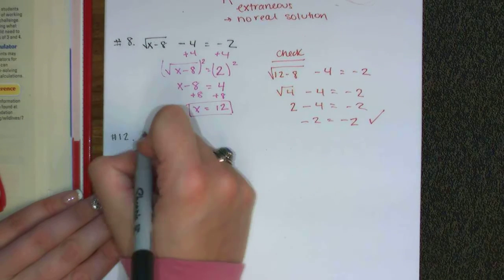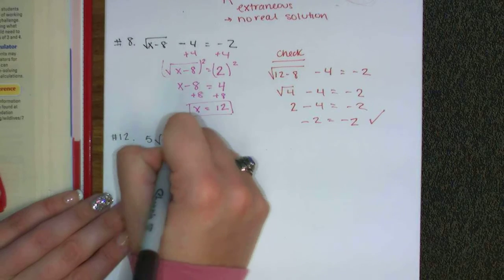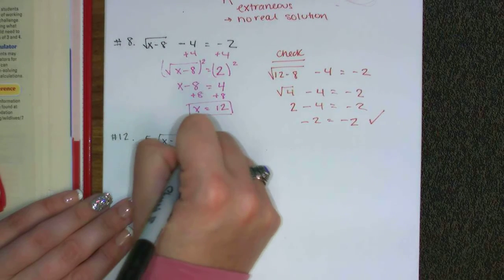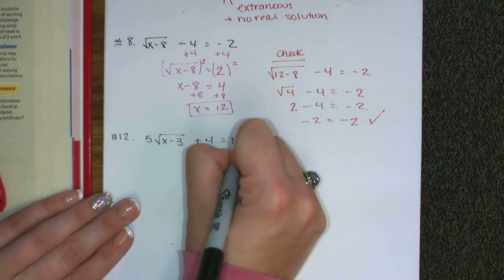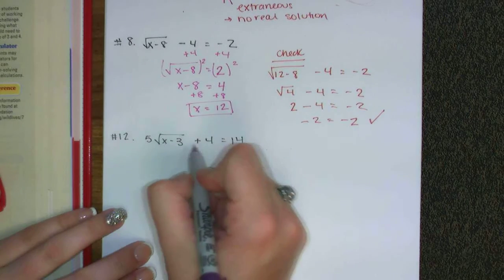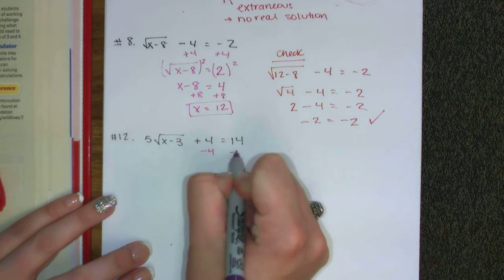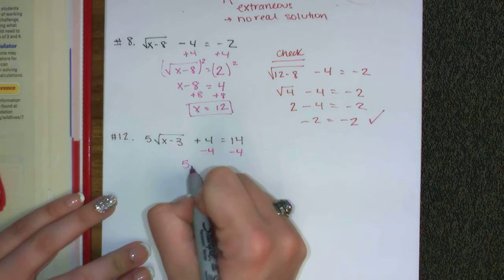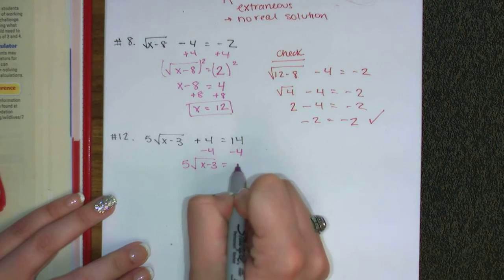Next, we have 5 square root of x minus 3 plus 4 is equal to 14. So undo what's being done to it in reverse order. Subtract 4. So 5 square root of x minus 3 is equal to 10.